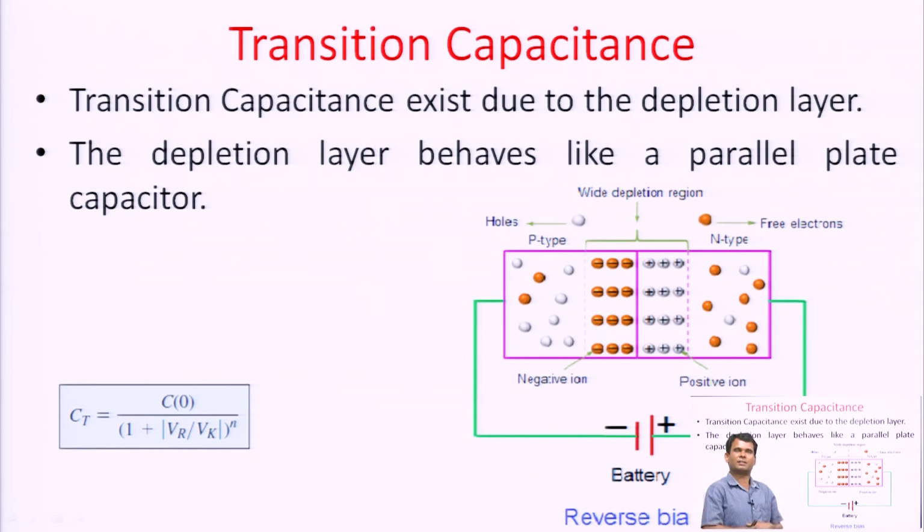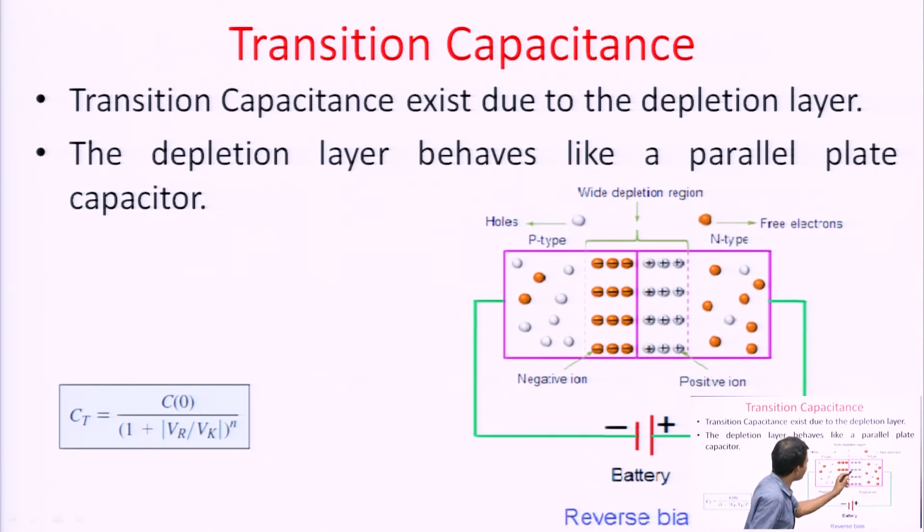It is very interesting. All of us know that in case of reverse bias, there is a depletion layer, and in the depletion layer at the n side, the positive immobile ions are there, and at the p side, negative immobile ions are there.